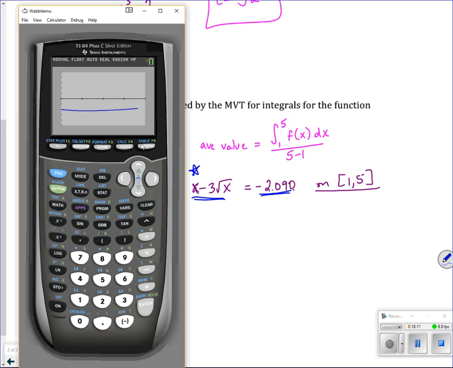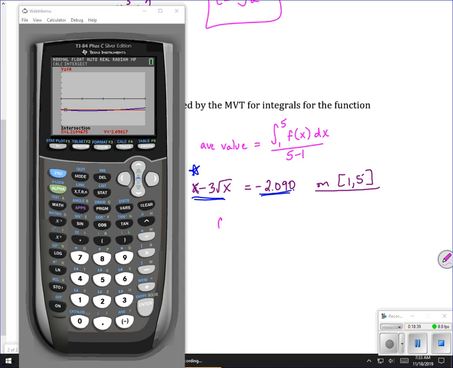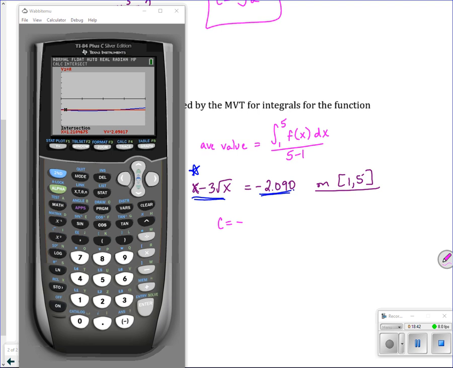So there's Y1, there's Y2, and it looks like it's hitting in 2 different places. I can hit second calc, intersect. It doesn't matter the order that you find them. I can go over here. Looks like there's an intersection there. I could write down, I will go to 3 decimal places. So 1.210.